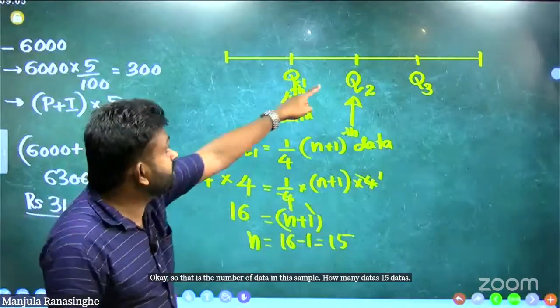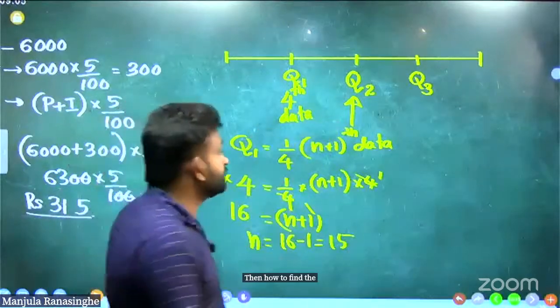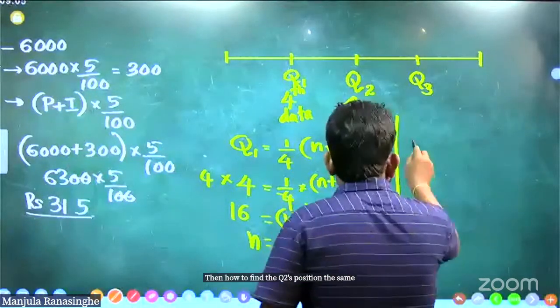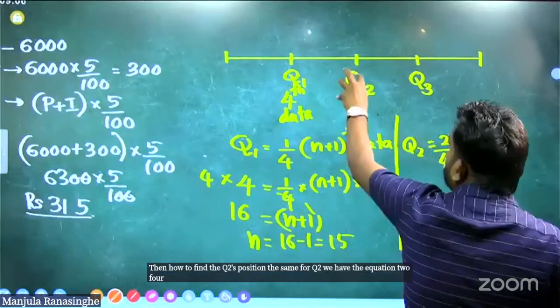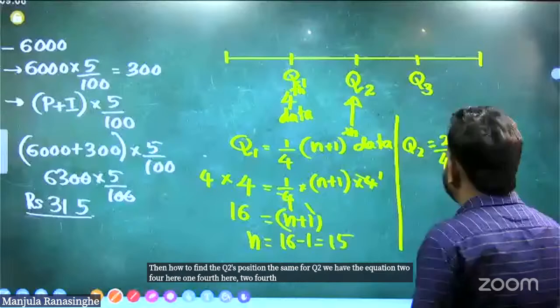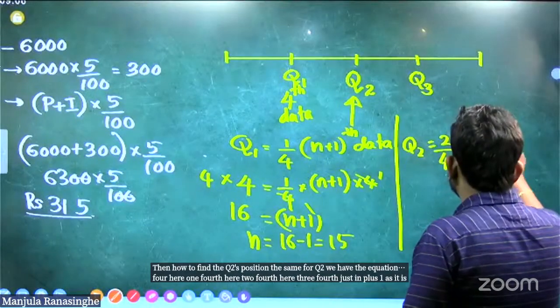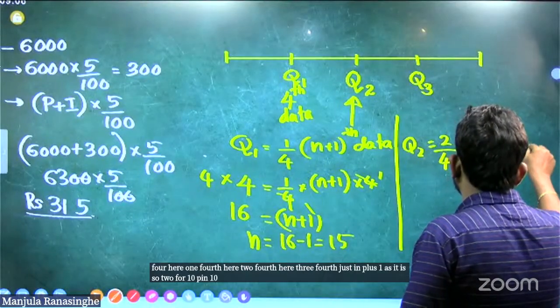Then how to find Q2's position? For Q2, we have the equation 2/4. Here 1/4, here 2/4, here 3/4, with n plus 1 as it is. So 2/4 into n plus 1 data is the position.